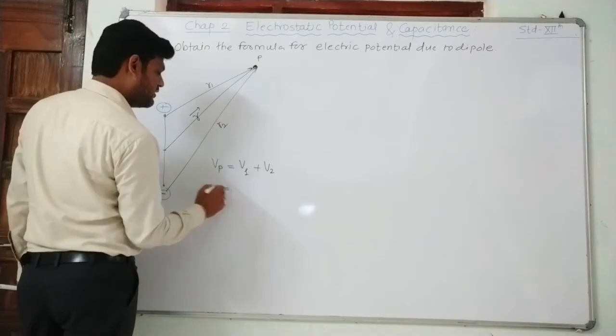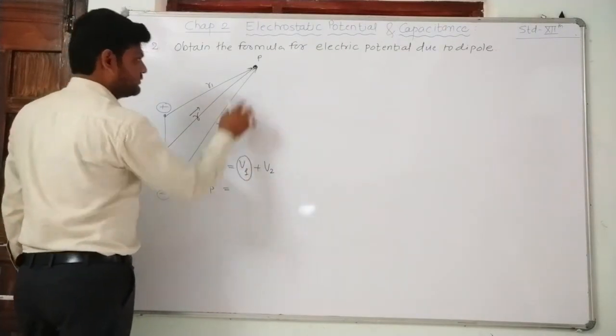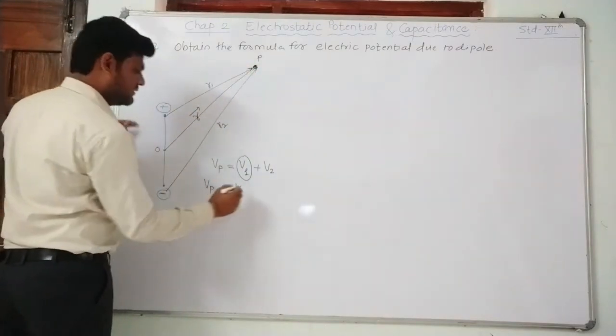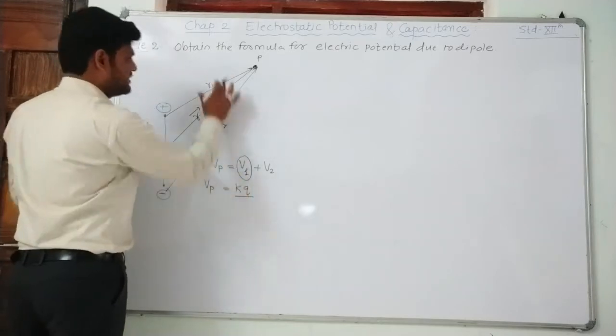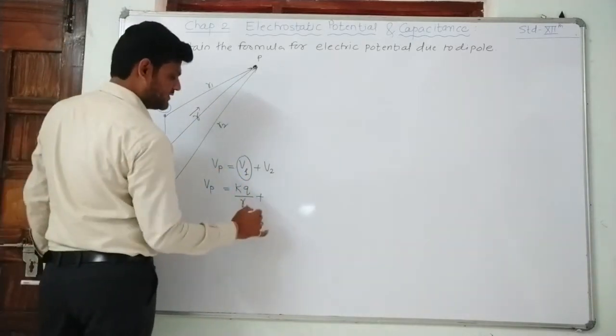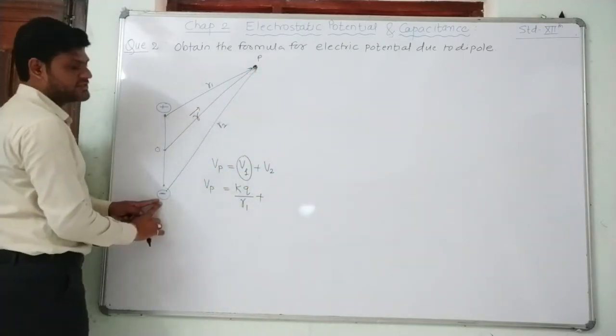So we know the formula, V potential due to the plus Q charge is K times plus Q, distance is R1, plus V2, potential at point P due to this minus Q charge.